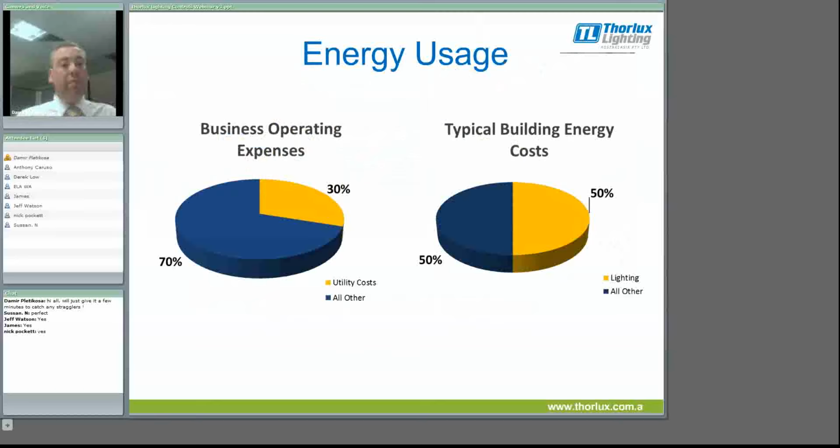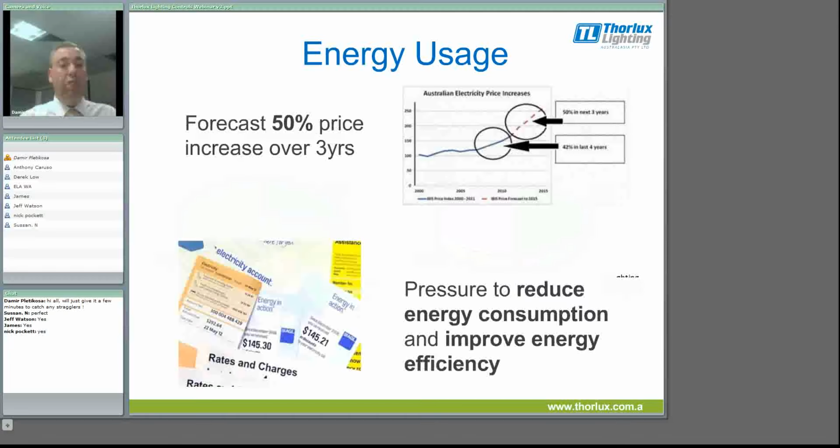Modern businesses nowadays, the operating expenses are probably at least 30% on utility costs, and we know that 50% of that cost is going to be attributable to lighting with no controls.